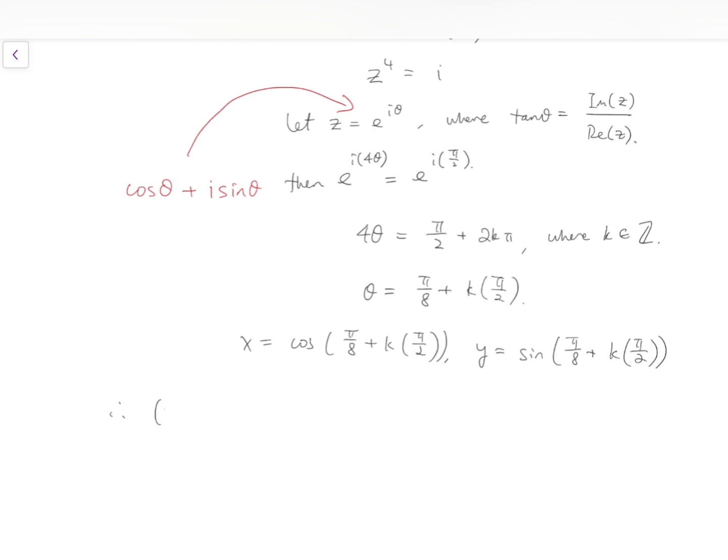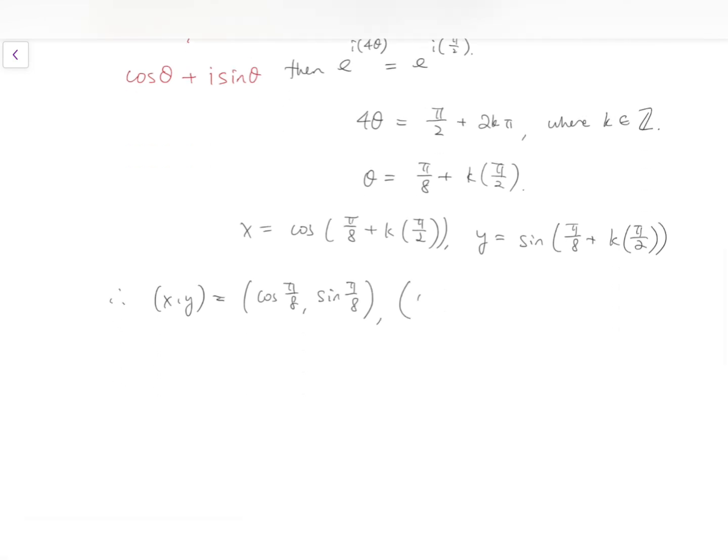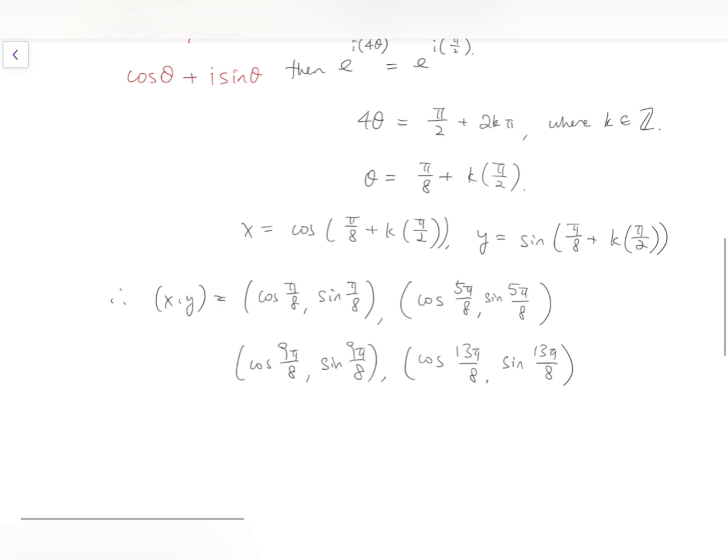So I can say that x and y can either be cos pi over 8, sine pi over 8, or cos 5 pi over 8, sine 5 pi over 8, cos 9 pi over 8, sine 9 pi over 8, and finally cos 13 pi over 8 and sine 13 pi over 8.